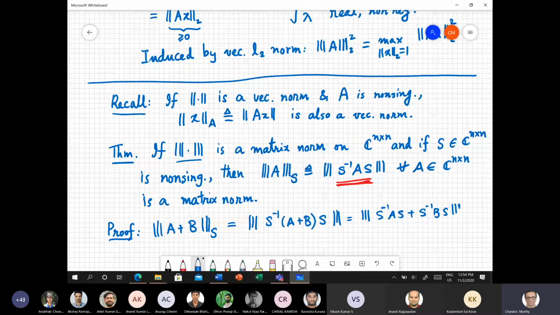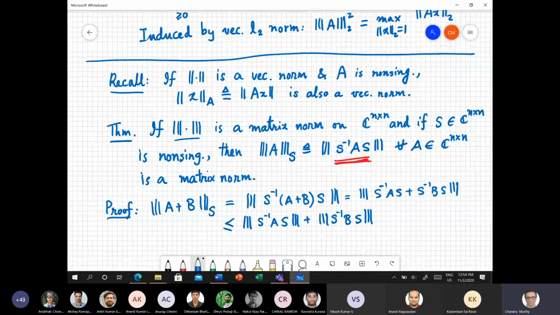Now this is a matrix norm, so it will satisfy the triangle inequality, and I can write it as the norm of S inverse AS plus the norm of S inverse BS, which is actually equal to the S norm of A plus the S norm of B. So it satisfies the triangle inequality.